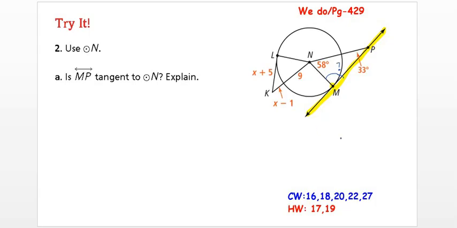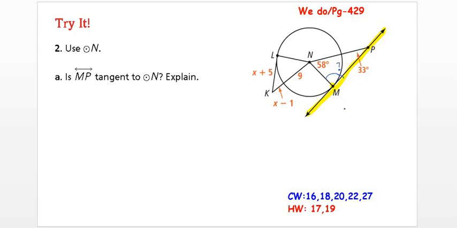So according to our theorem, if the radius and the line have a 90 degree angle, if they become perpendicular to each other, only in that case will MP be tangent to the circle. Clear?